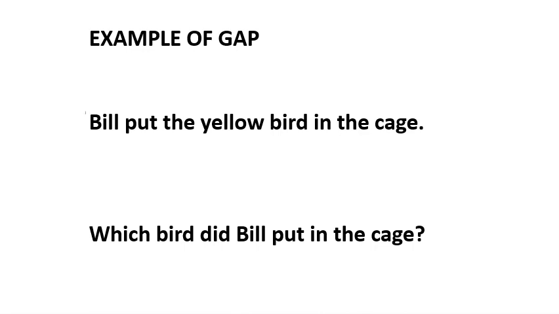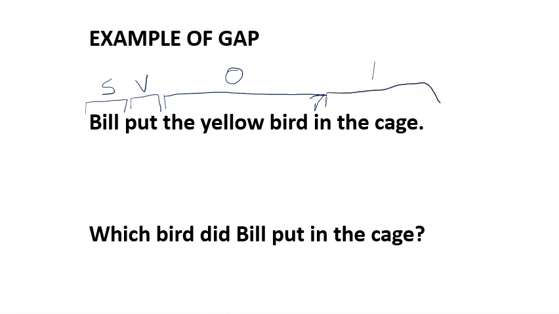This is perfectly clear, and this has the structure that you expect. Bill, the subject, put, the verb, the yellow bird, here it's the object, and then you can add another element at the end, for example, an adverbial. So you read this, and for you it's perfectly clear, and your brain is at peace.